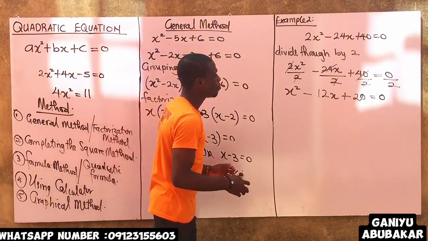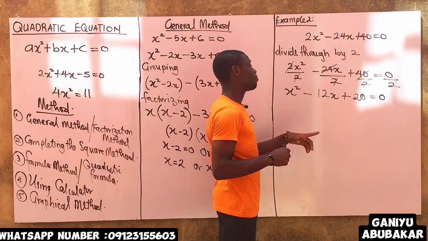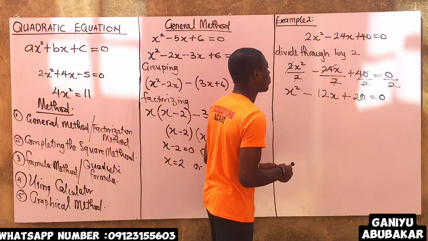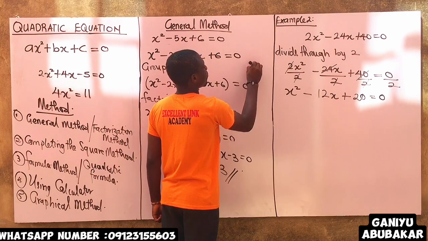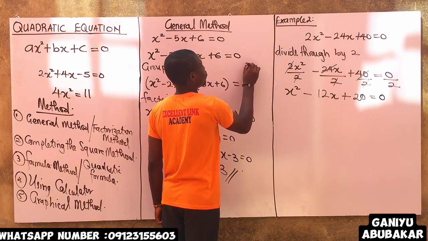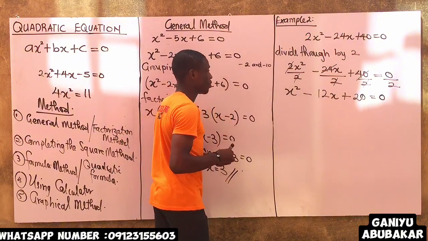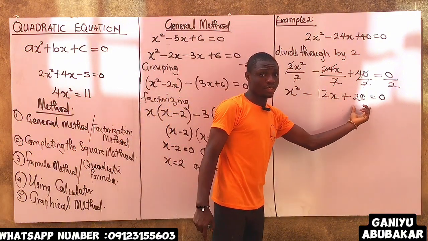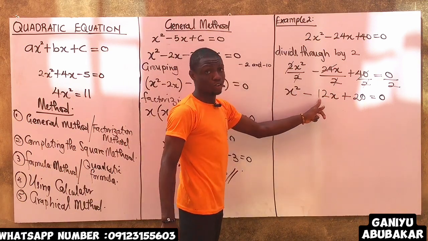So from here, I'll look for two possible numbers which, if I multiply them, will give me plus 20, and if I add them up, I'll have minus 12. Of course, my two possible numbers here are 2 and 10, which is minus 2 and minus 10. So minus 2 times minus 10 will give me plus 20, and minus 2 plus minus 10 will give me minus 12.